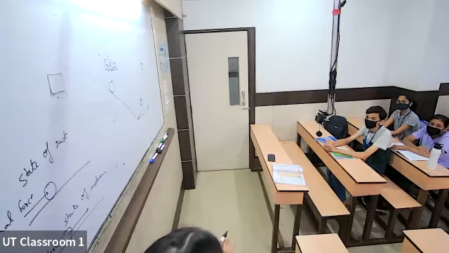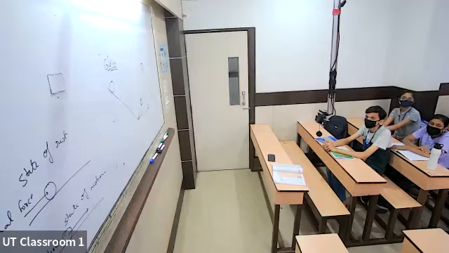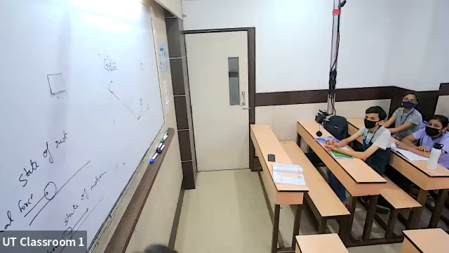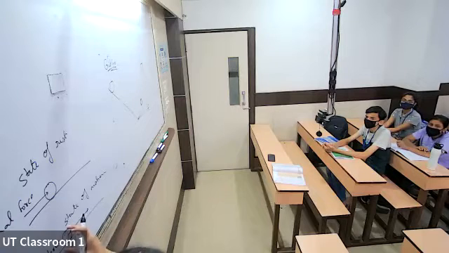Basically, you have to apply your muscular force to stop it. And if you want to speed up this motion, if it was going with velocity, then again you have to apply force. If you apply it in this direction, then it will speed up. If you apply force from the opposite side, then it might stop.